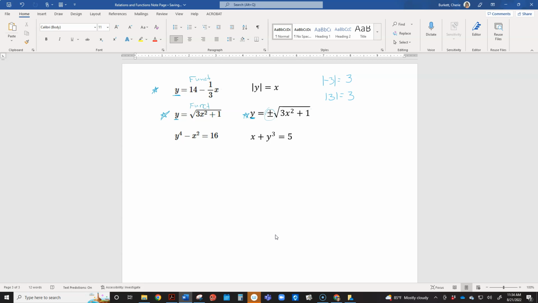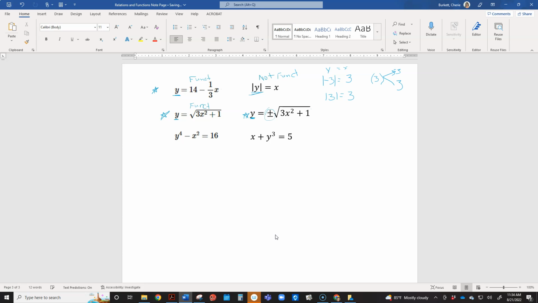So here, these are the y values, remember, and this is an x value. So I have one x value that's mapping to two different y values, a -3 and a +3. So one x value mapping to two different y values. So this one right here is not a function.